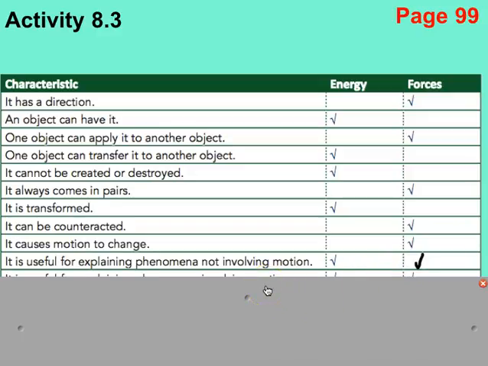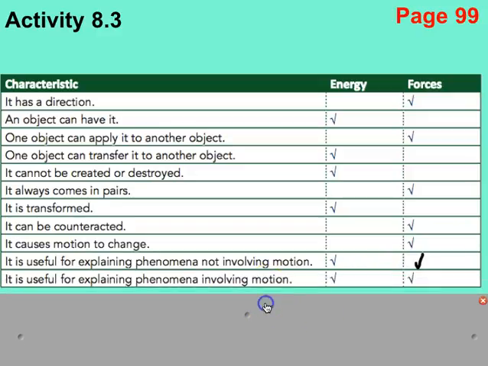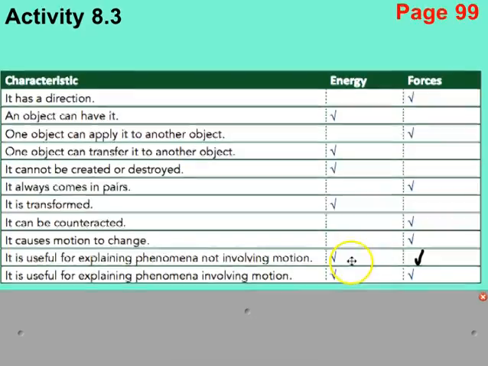Did you have both check marks? It is useful for explaining phenomena involving motion, and we had both here, because depending on what you're talking about, if an apple is falling, and it's getting faster and faster as it's coming down, you can talk about how it's gaining KE. So you can use both energy and forces to help explain motion.